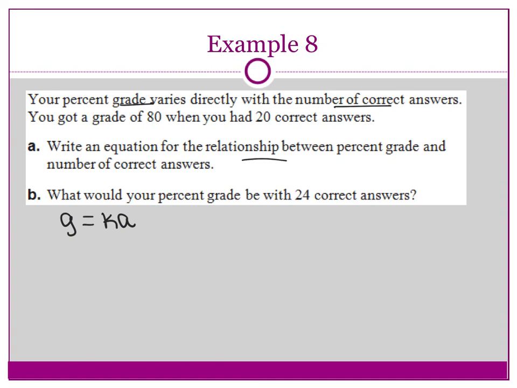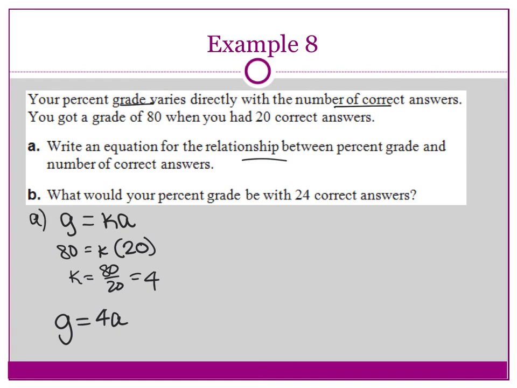So 80 equals k times 20. Here I know that k equals 80 divided by 20, which is 4, so I can rewrite my equation as the grade varies directly with 4a, where a is your answers. This is for part A.